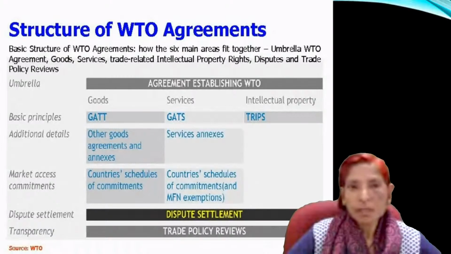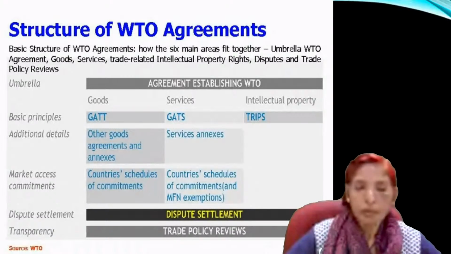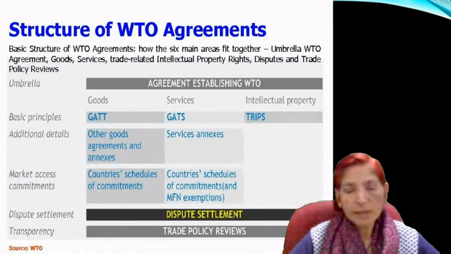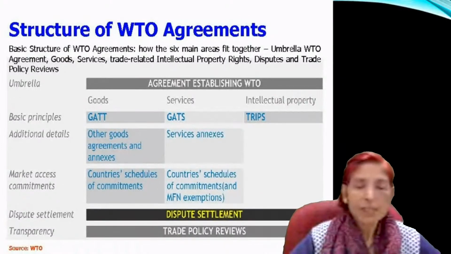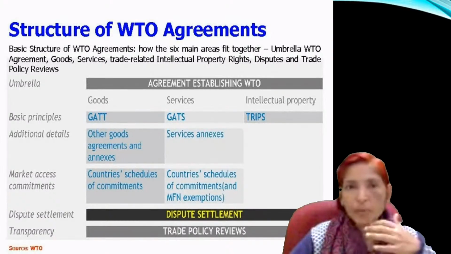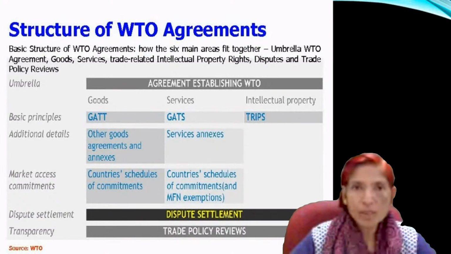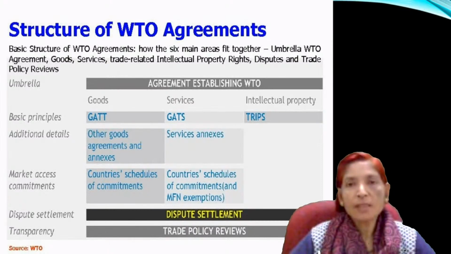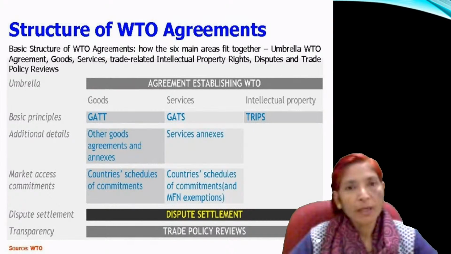All these are also included in this WTO. And WTO also settles the disputes which sometimes arise while doing international trade. And transparency, for making this whole system work in a transparent way, trade policies review.